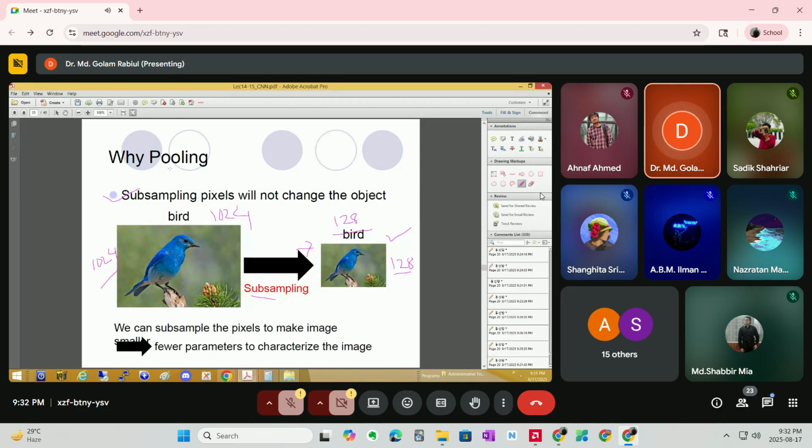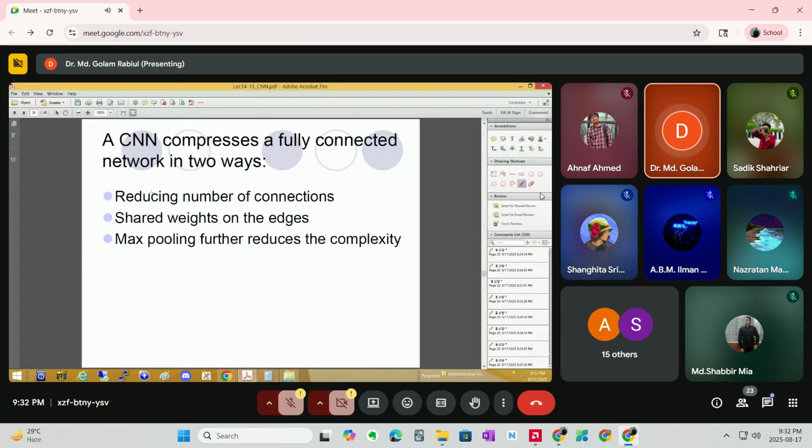How do we do that? We will discuss it. But how can the CNN, the convolutional neural network, compress the fully connected network in 2 layers? Specifically, how is the CNN benefited compared to the deep neural network architecture, how does the CNN reduce the number of parameters?